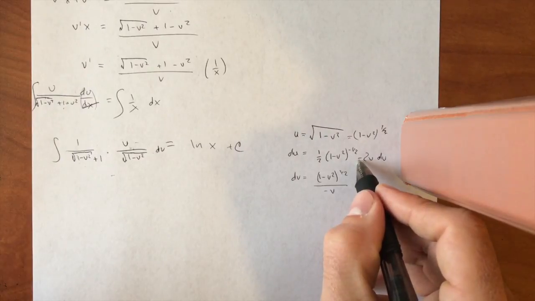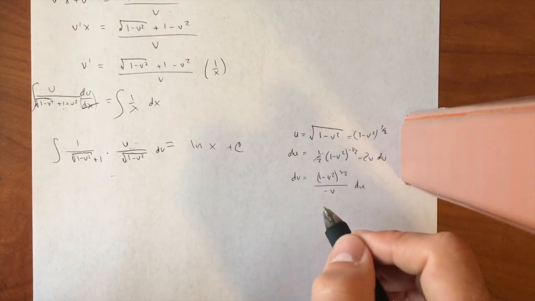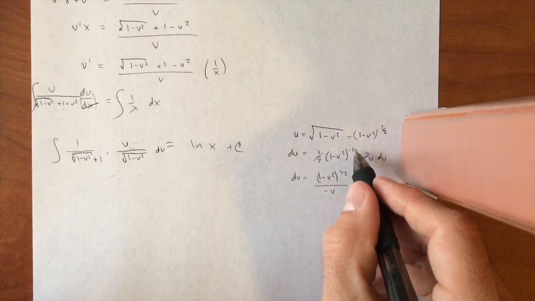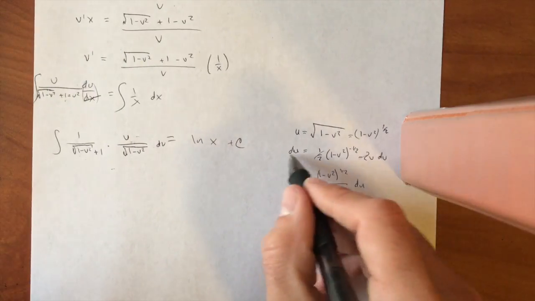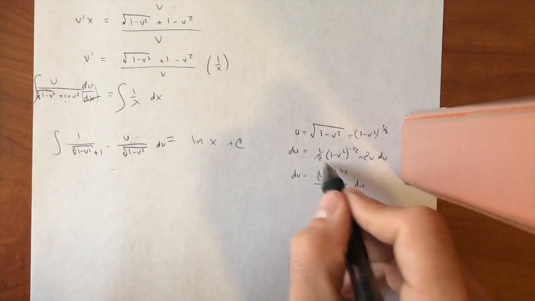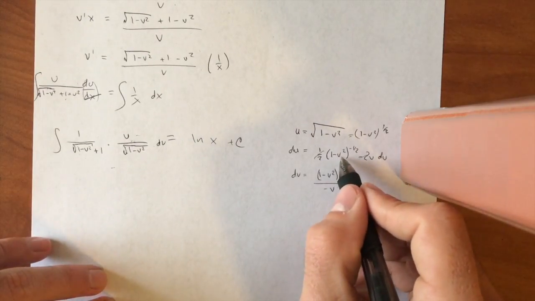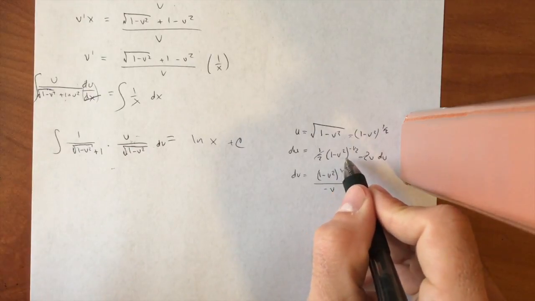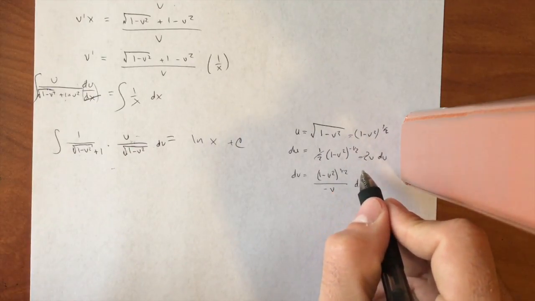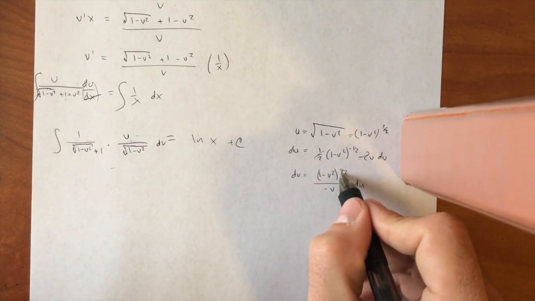The negative 2 and the 1/2 will cancel, and then we would multiply by this 1 minus v squared to the negative 1/2 by 1 minus v squared to the 1/2, and that would go on top as the numerator.